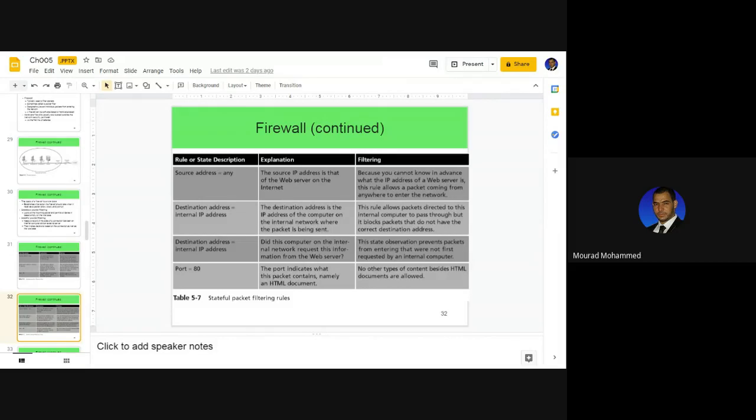So this is a stateful packet filtering scenario. It is a matter of filtering based on the IP addresses, source and destination, or based on the services, web services or download and upload services or whatever.